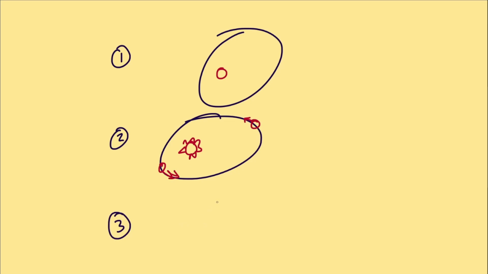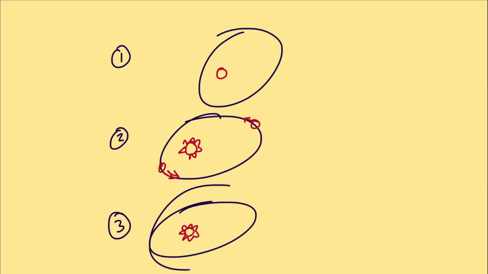The third law is that the orbital period, so how long it takes for you to orbit the sun, depends on how far you are from the sun. So like Pluto takes way longer than Earth, because Earth is closer to the sun. This means that the time it takes to orbit the sun is related to your distance in a very predictable way. Mathematically, the third law is this.